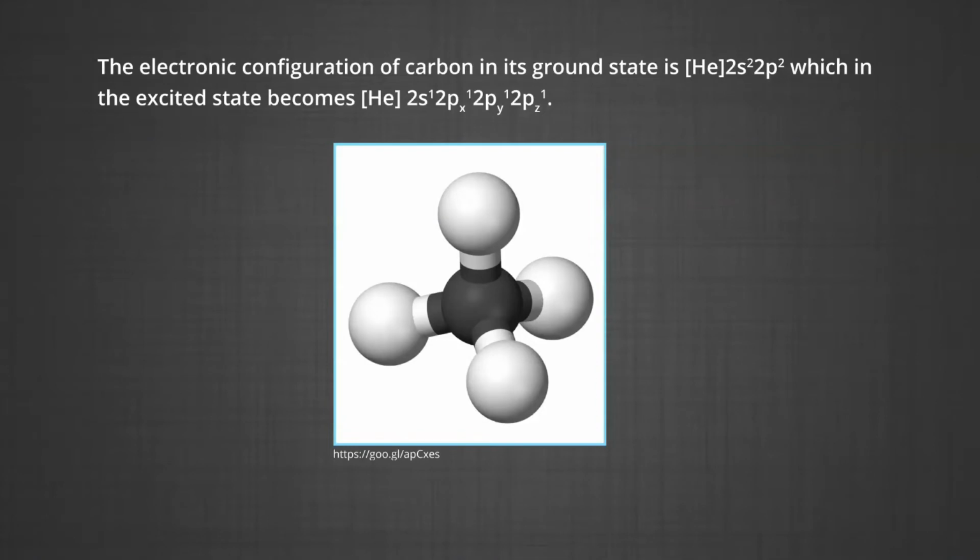The electronic configuration of carbon, atomic number 6, in its ground state is [He] 2s2 2p2, which in the excited state becomes [He] 2s1 2px1 2py1 2pz1.